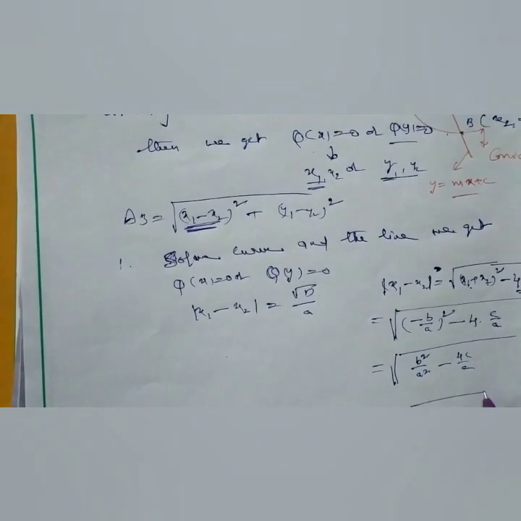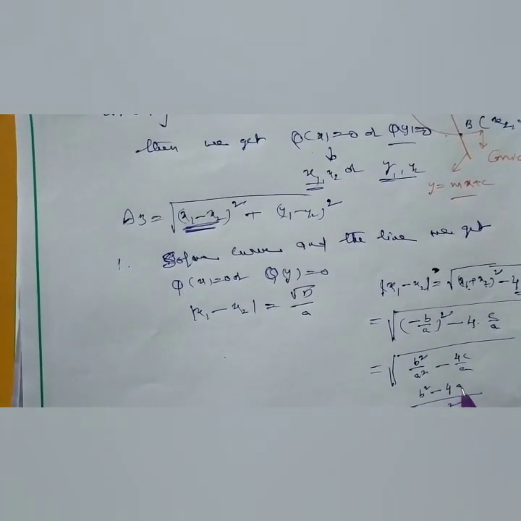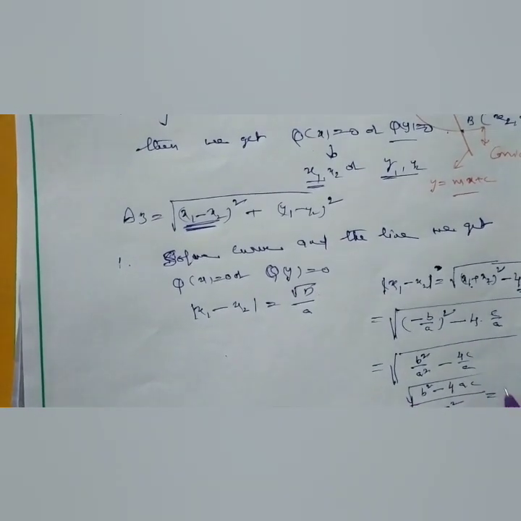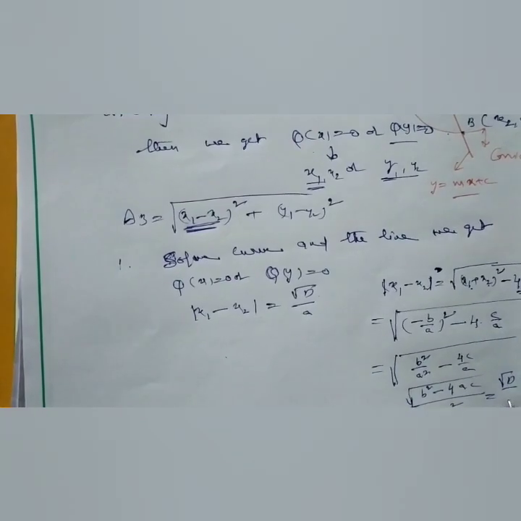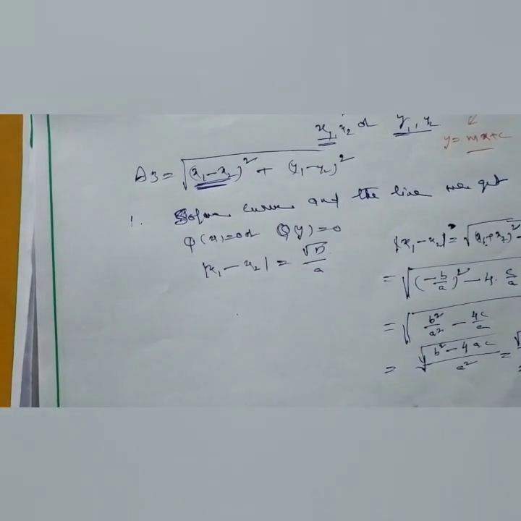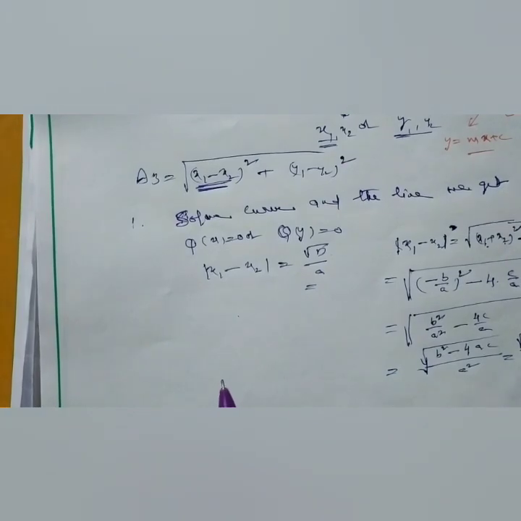By simplifying, what we get? The square root of (b square minus 4ac) by a square, that is root D by a, which is the difference of the roots. So from the quadratic equation directly we get root D by a.